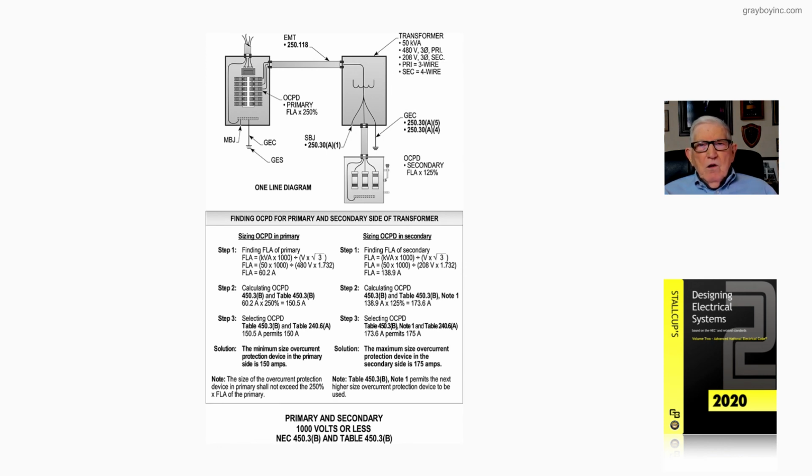So we know that 450 protects the transformer. 240 is the overcurrent protection means to protect the conductors, and we size the conductors using table 310.16. Now this illustration 20-12 is illustrating the 250% or 125% rule in accordance with table 450.3(B) for primary and secondary protection.